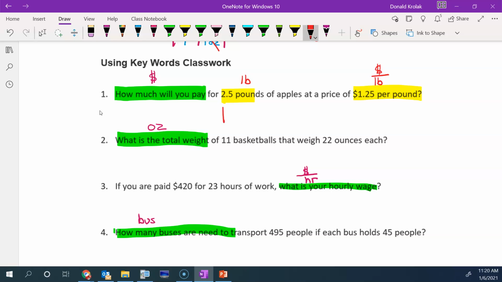Okay, so if we use our little drawing here, 2.5 pounds. This doesn't have any denominator. This would be $1.25, and the bottom would be pounds. 1 pound. Now the pounds cancel. If I just multiply those out.